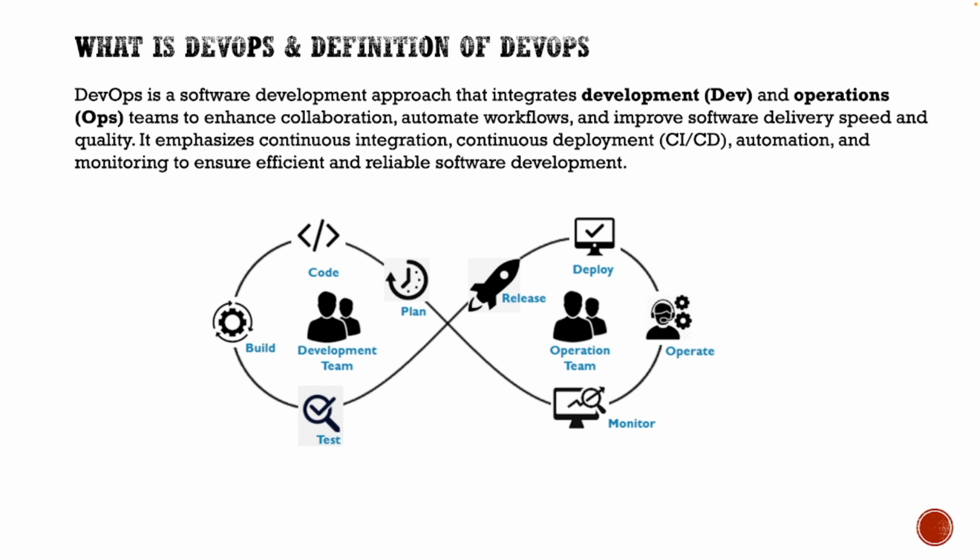So it helps make the SDLC efficient by automating the workflow, right? If you see here, it clearly mentions that the first step is the planning phase, and the developers code. The code has to be built with all the dependencies, and once the build is triggered, the tests have to be executed.